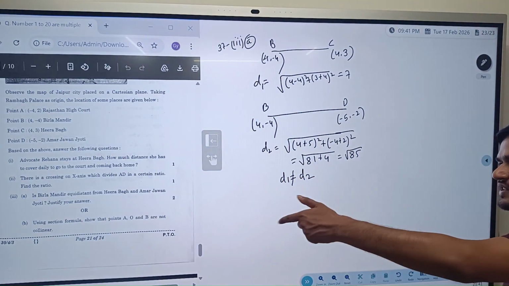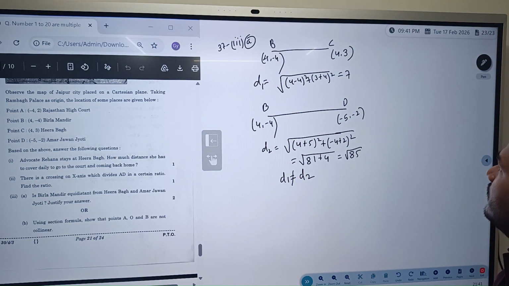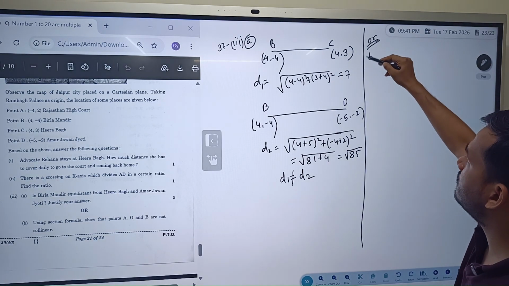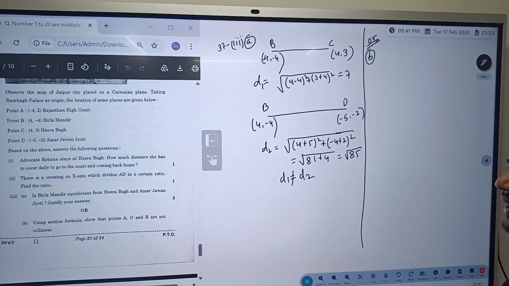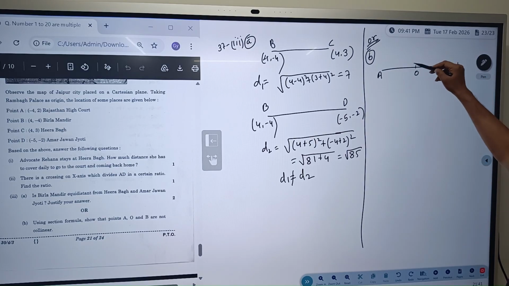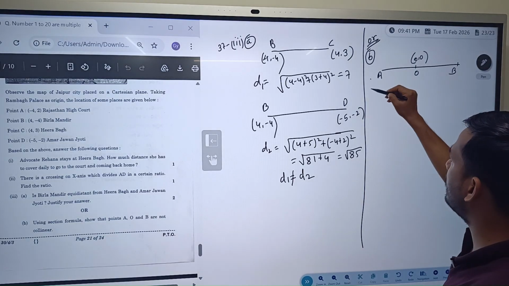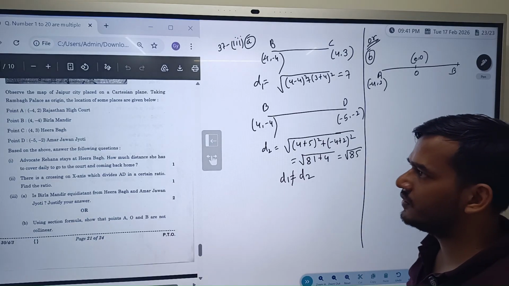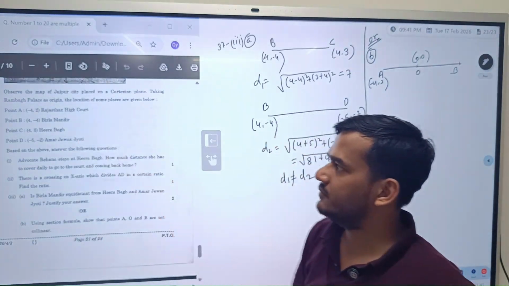Second part, the B part, using the section formula, we have to prove A, O, B are not collinear. So write the coordinates of A, O, B. O is 0, 0. A is minus 4 comma 2 and B is 4 comma minus 4, Birla Mandir.